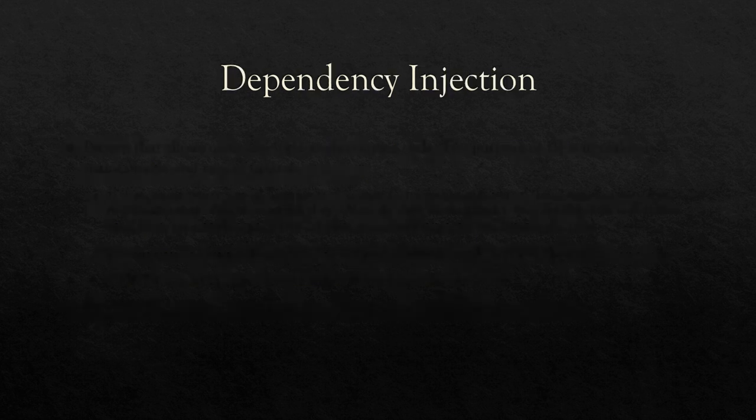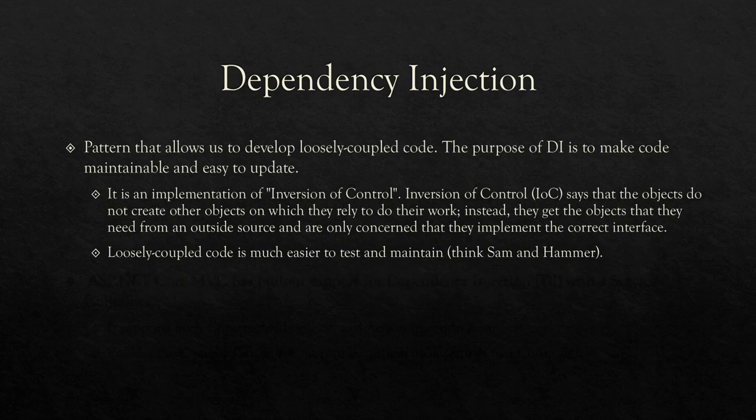Okay, dependency injection. This is really worth talking about because it is one of the most important patterns to implement a central principle that makes our code testable. We've talked about this earlier, the inversion of control. That is a design principle. As it says here, objects do not create other objects on which they rely to do their work.